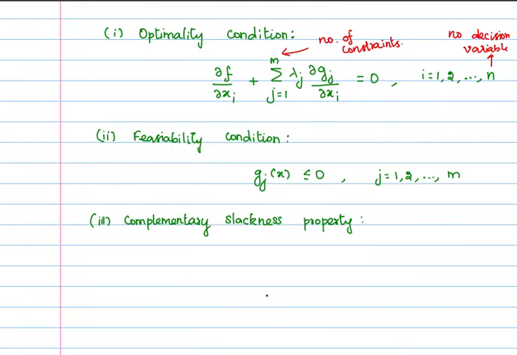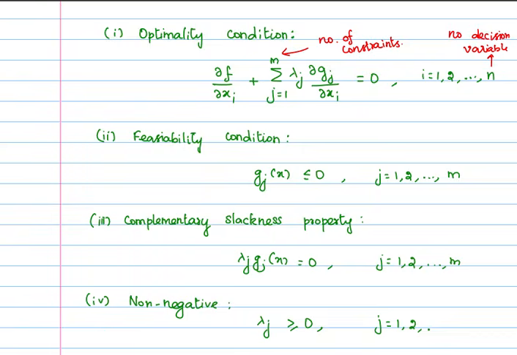It means lambda j times gj of x equals 0, where j equals 1, 2 and so on to m. And the fourth one is non-negativity. So here lambda j is greater than or equal to 0, j equal to 1, 2 and so on to m.